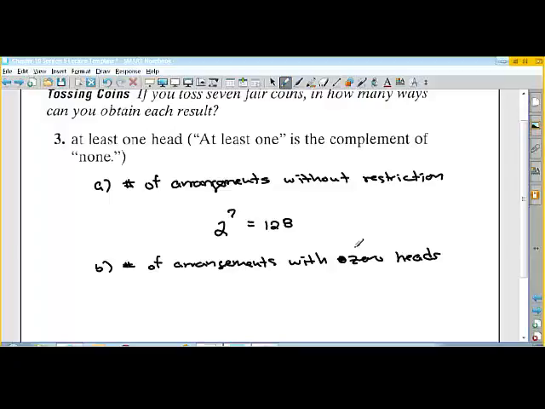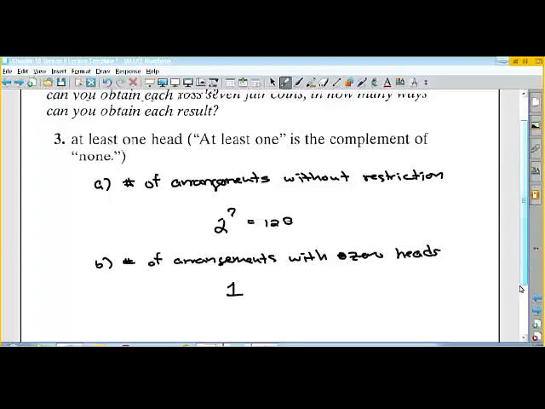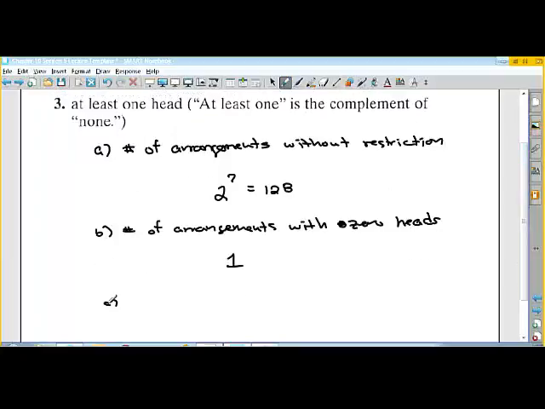Okay, how many ways can we have 7 tails? 1 way. The first coin's a tail. The second coin's a tail. Third coin, there's only one arrangement out of the 128 that's all tails. So the answer is 1. The number arranged with 0 heads is 1. It's tails, tails, tails, tails, tails, tails, tails.